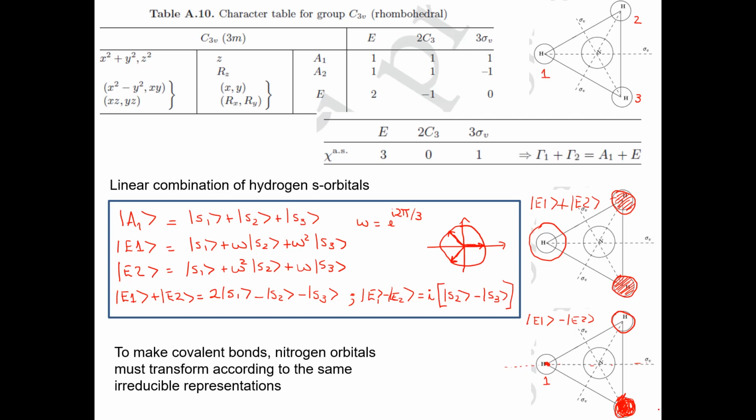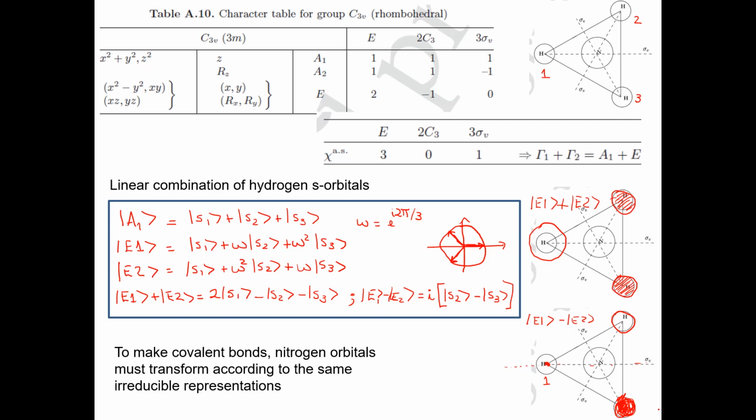Now this is the hydrogen atoms only. To make the covalent bonds, I have to consider the nitrogen orbitals. I have to see what linear combinations of nitrogen orbitals will make bonding and anti-bonding states with the A1 and E symmetries of the hydrogen states.